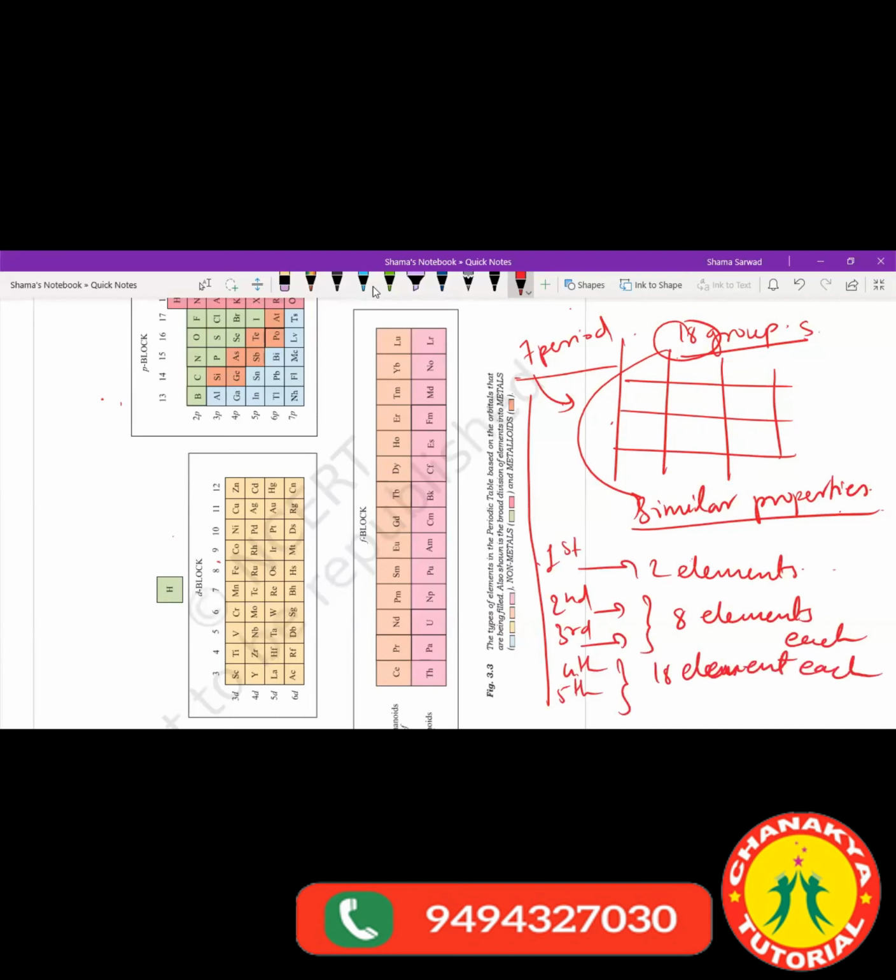Then the sixth period has the maximum number of elements, that is 32 elements. And the seventh period is an incomplete period. Seventh period is what? Incomplete period. Correct? Got it?